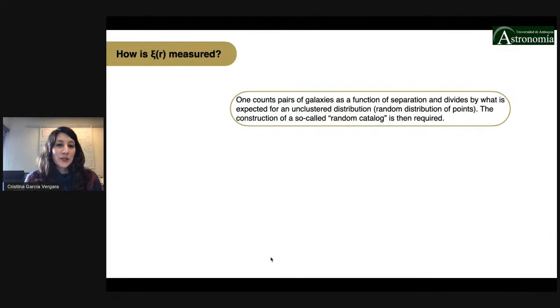Specifically, you have to count pairs of galaxies as a function of separation and divide that by what is expected for an unclustered distribution, which means a random distribution of points. And to compute the clustering, we need to construct a so-called random catalog, which is basically a catalog that follows the same geometry as your data, but the objects in this catalog are randomly distributed in space.